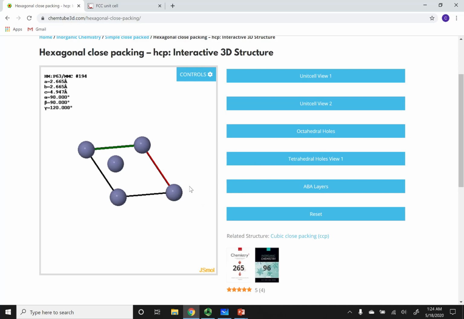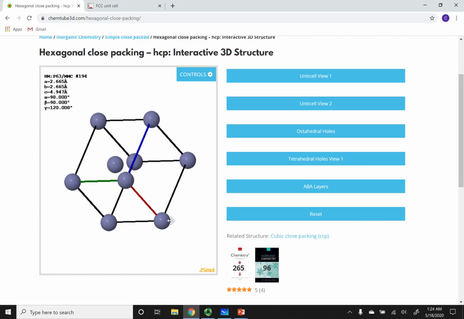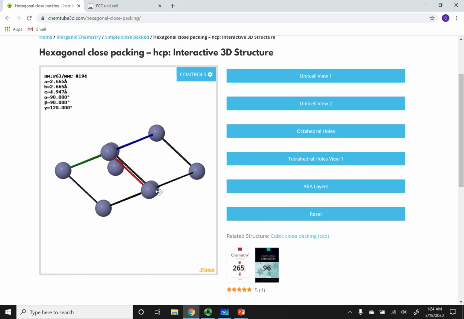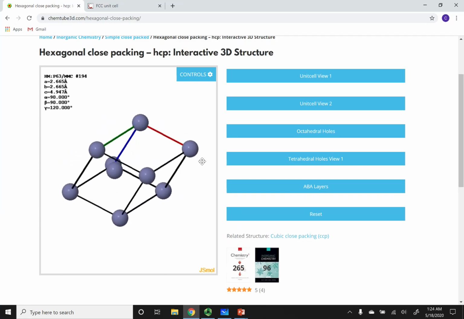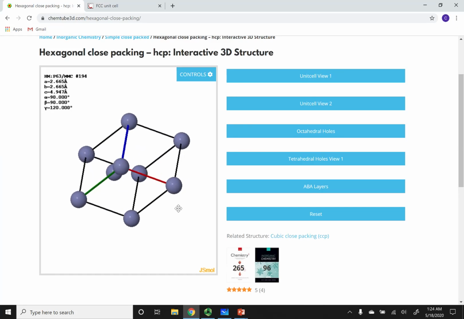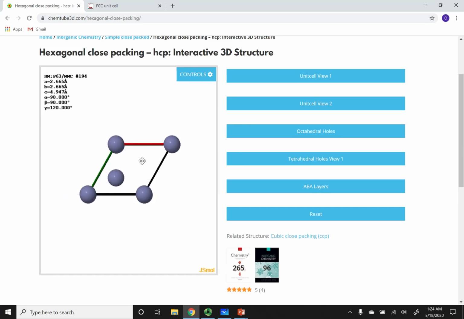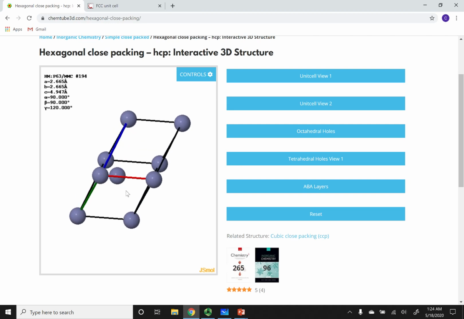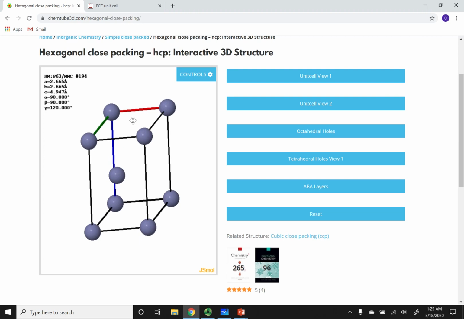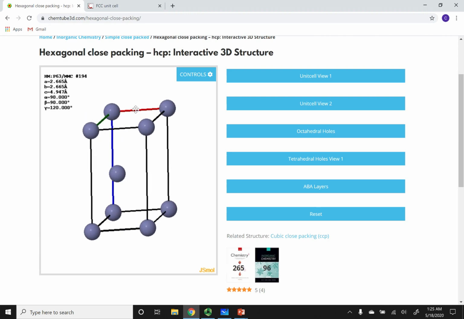Sometimes it's really hard to see 2D representations of 3D objects. So right here, I'm going to use a program that shows you the 3-dimensional layout of that HCP unit cell. What you will notice is the face is a rhombus, the back end of it is also a rhombus, and in the middle of these 2 rhombuses is another atom.